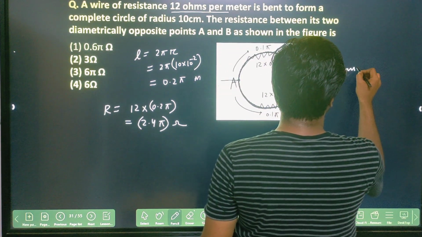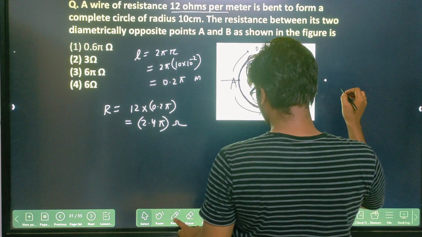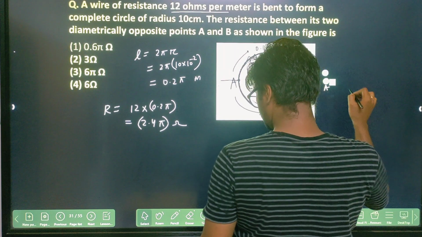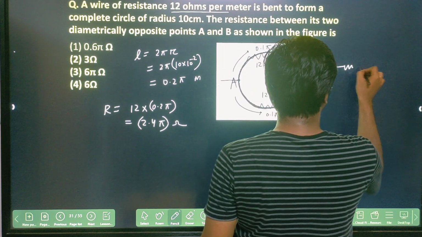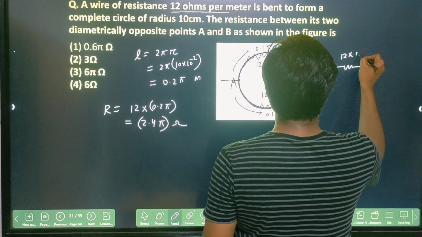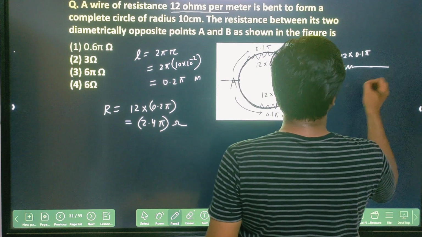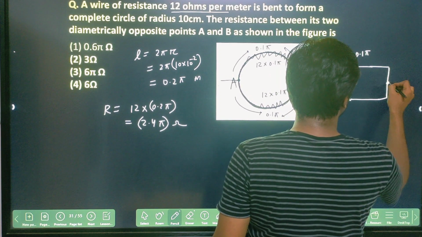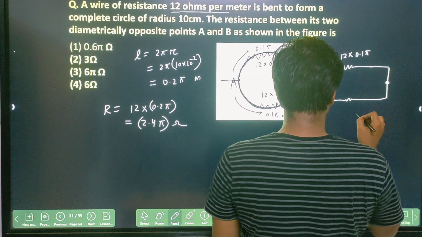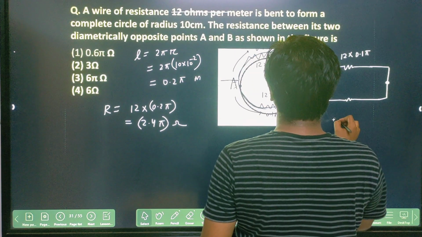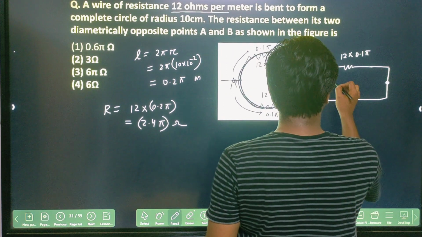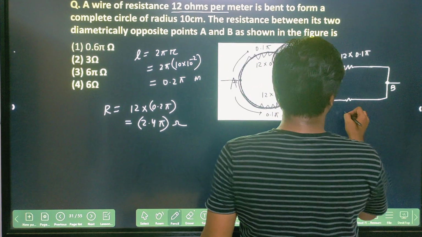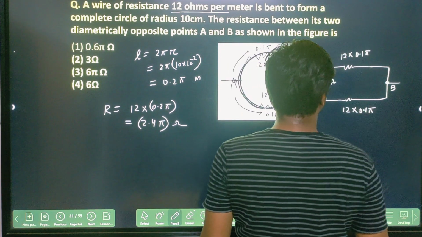Here you have connected one resistor, of 12 into 0.1 pi, and this is your point B. This is your point A, this is your point B. And this other one is again 12 into 0.1 pi.